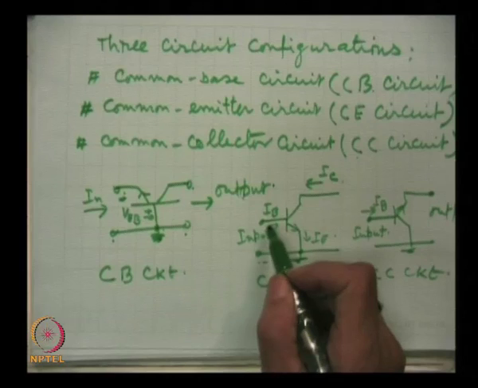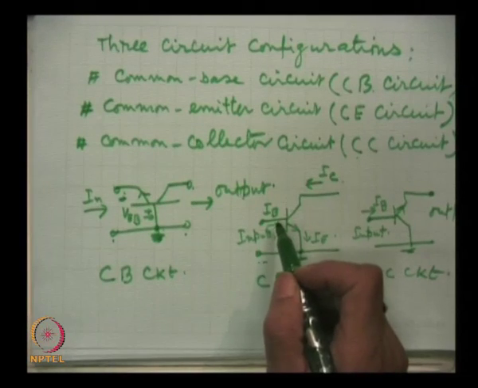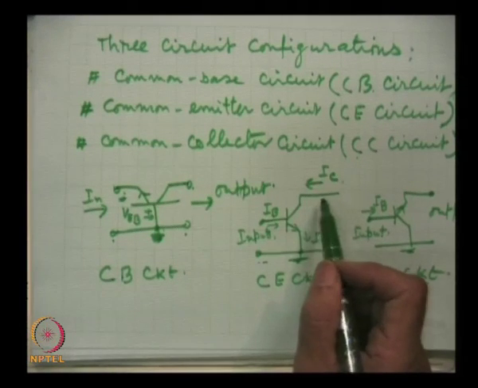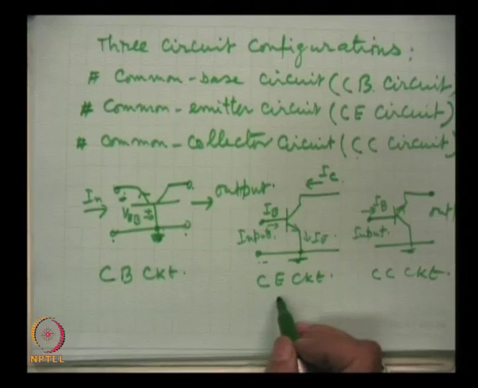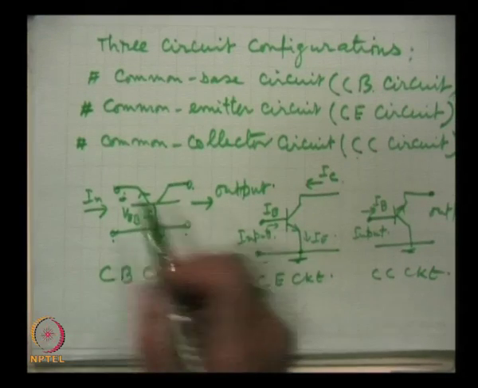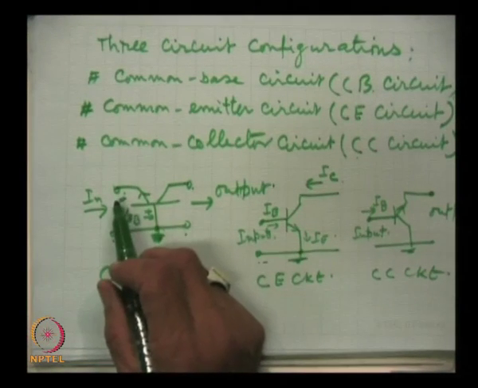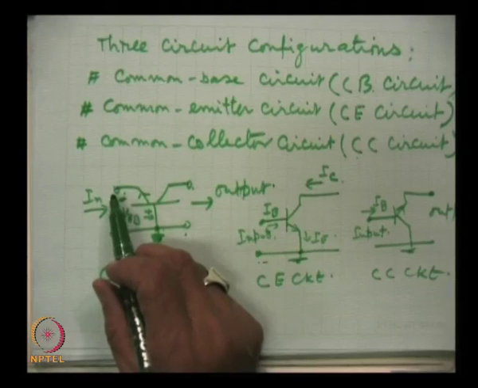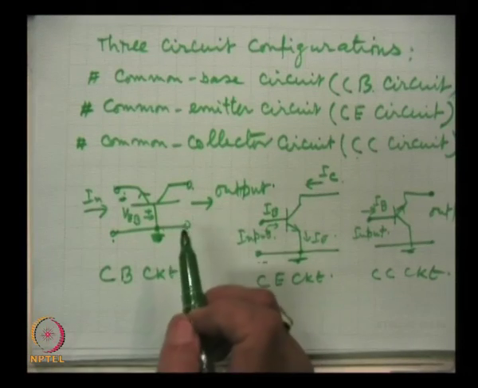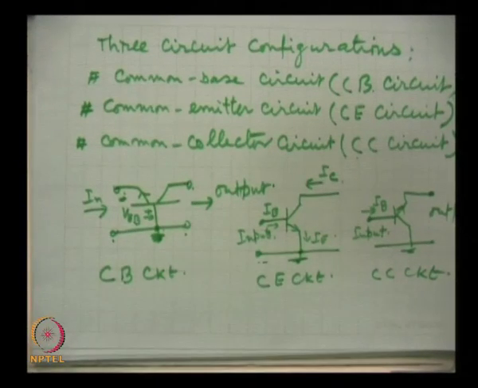Whenever the input is at base and the output is at the collector, this is common emitter circuit. And if the input is at the emitter and the output is collected from the collector, this is CB circuit. All these three configurations are important and widely used for amplifying purposes.